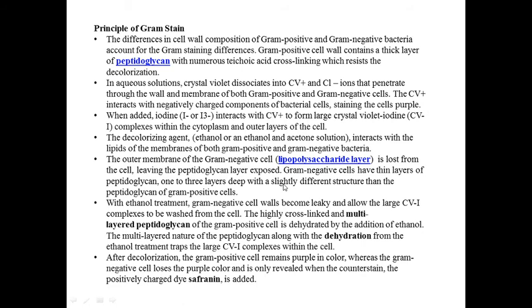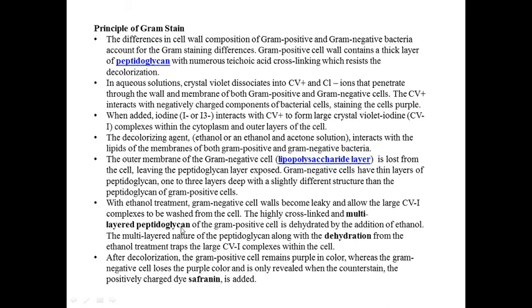Gram positive has a highly cross-linked thick peptidoglycan layer, so it retains that CVI complex. So that's why the gram negative cell wall becomes leaky and the large CVI complex gets washed from the cell. And the highly cross-linked multi-layered peptidoglycan of the gram positive cell is dehydrated by the addition of ethanol. Ethanol is a dehydrating agent also.